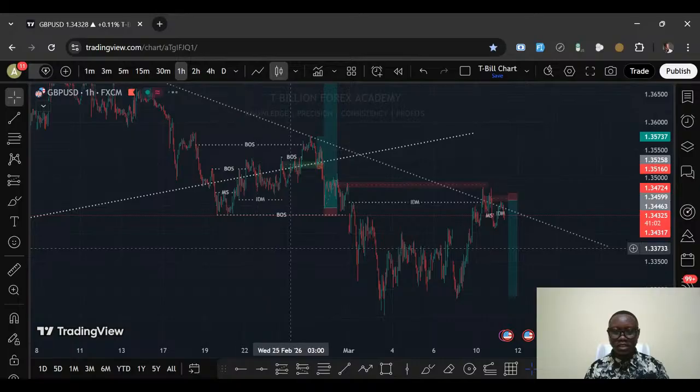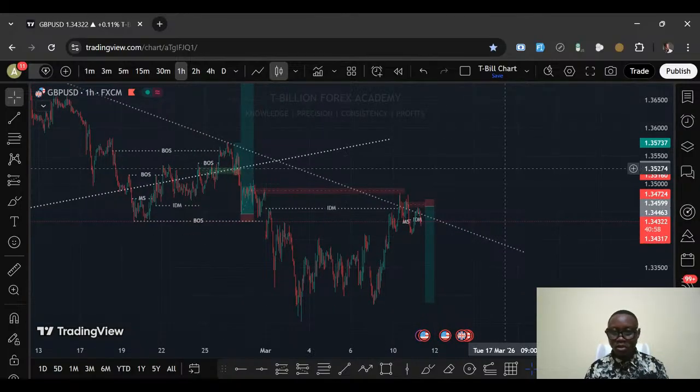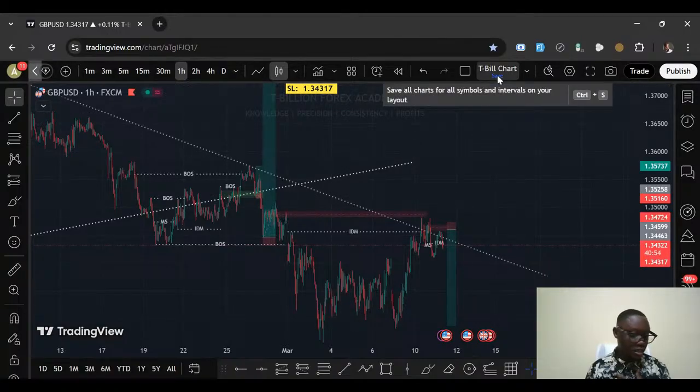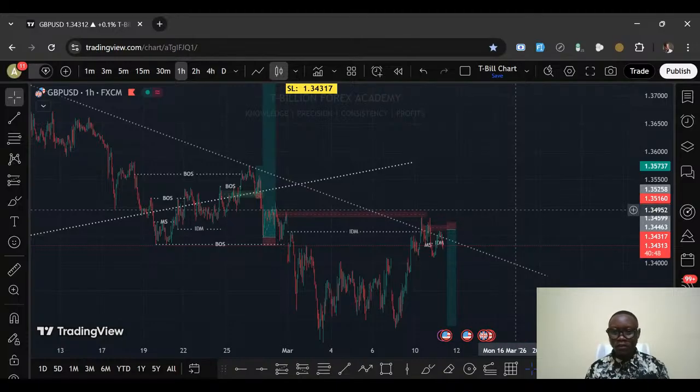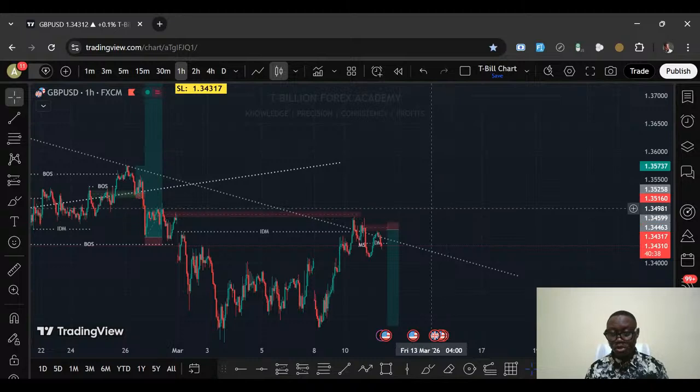All right. So look at this. As you can see, I've already established my overall trend direction, which I believe you should already know. Whichever way you determine your overall trend direction, apply that. For me, I've established my trend direction, and the overall trend direction, as you can see, is bearish. So basically, I want to take sell opportunities.